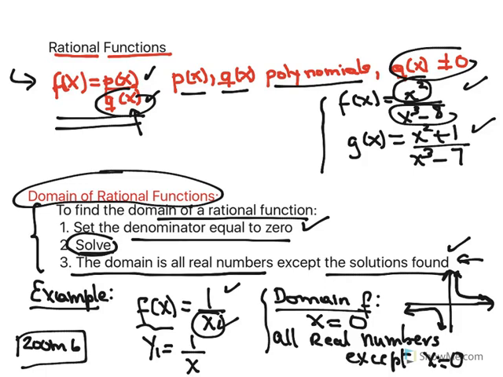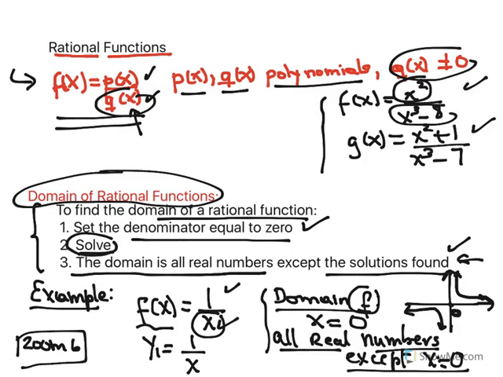What this represents is a function that does not have an output for x equals 0. For x equals 0, f is not defined. So again, the domain of f is all real numbers except x equals 0.